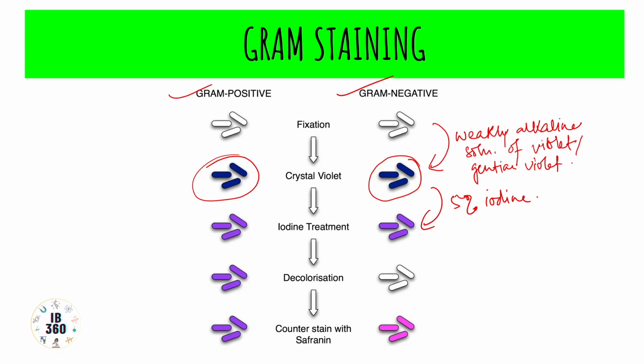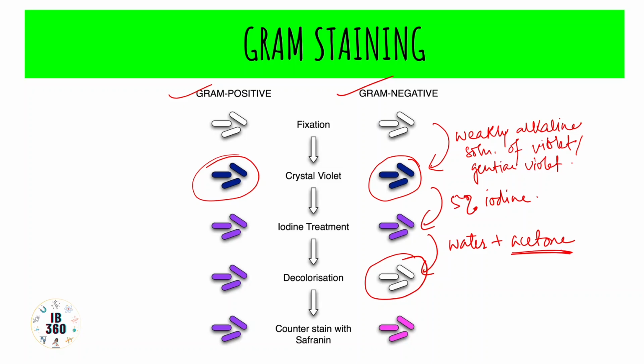After that, they are washed with water plus acetone, or alcohol can also be used, but the main job is done by acetone. Acetone washes away the lipid, but the lipid content in gram positive is very negligible compared to gram negative. So gram positive is able to retain its stain, while gram negative gets decolorized, because it has 20 to 30% lipid on the outer membrane, and it was the lipids which mostly took up the stain.